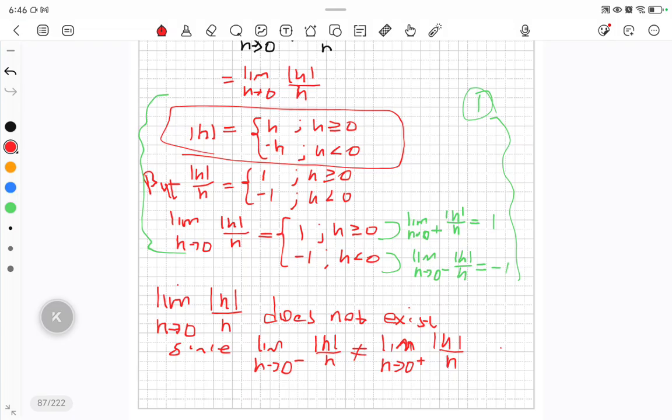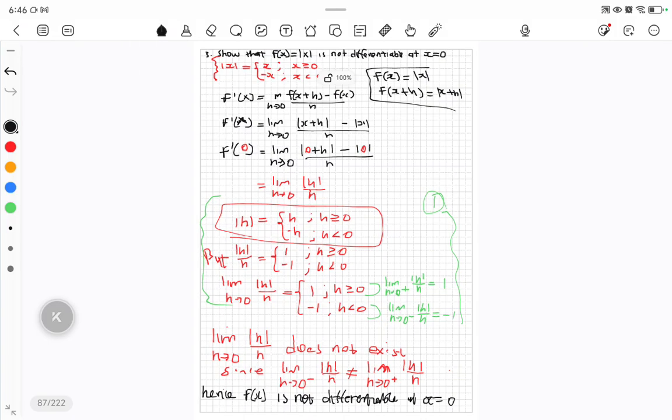You see? Therefore, f of x is not differentiable at x equals 0.